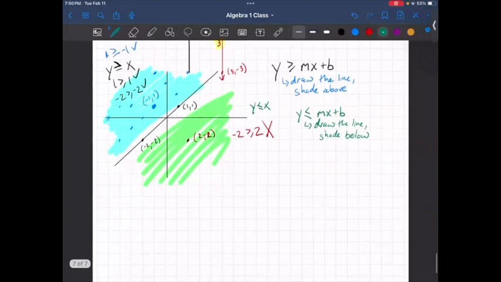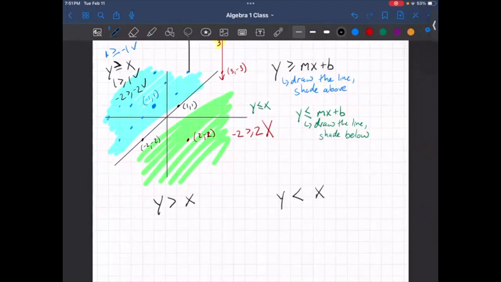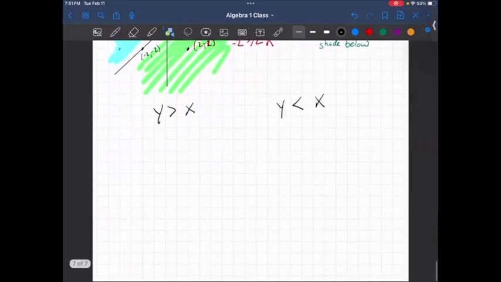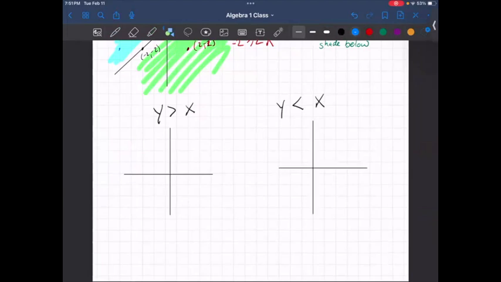I'll just give you the last rule for these problems. Because we did equal to, we've done greater than or equal to, we've done less than. If we wanted to do y is greater than x or y is less than x, I'll just do these two as examples. I'm just doing quick sketches.